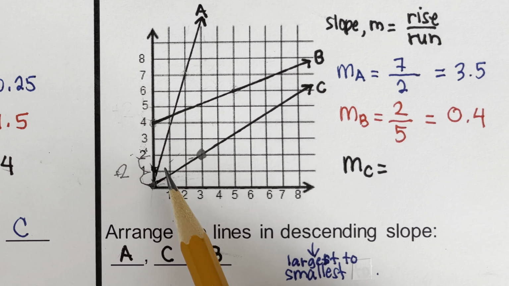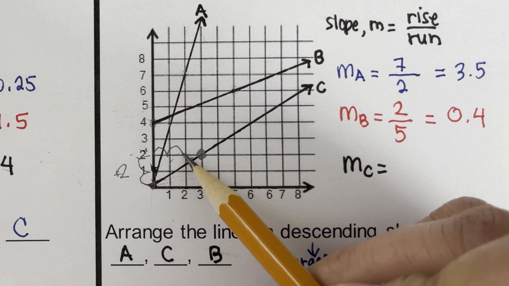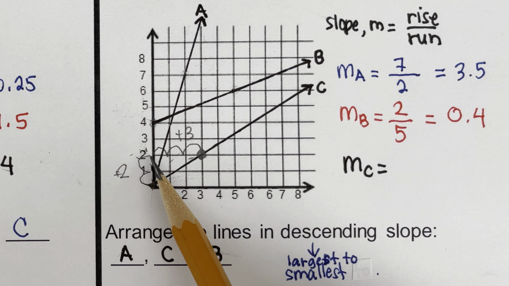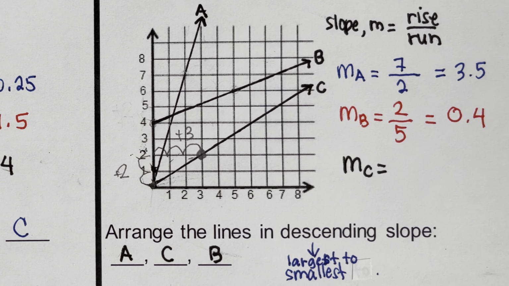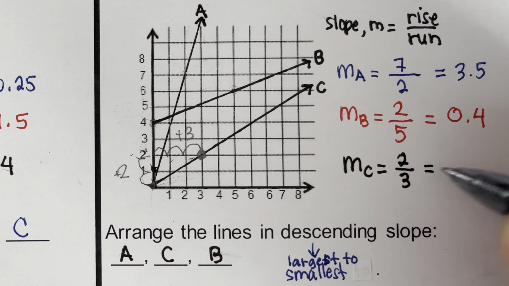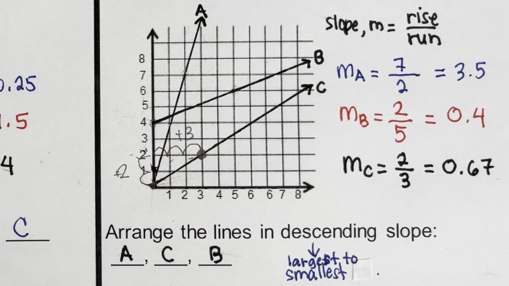And then we go to the right, 1, 2, 3. So the slope is rise over run, which is 2 divided by 3. If we use the calculator, 2 divided by 3 can be rounded off to 0.67.